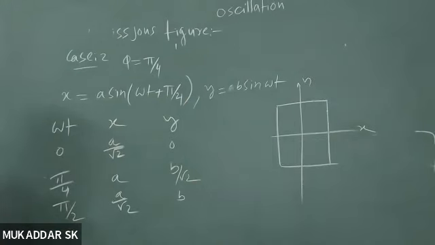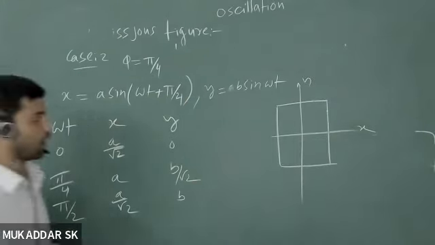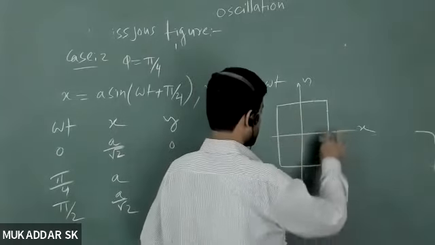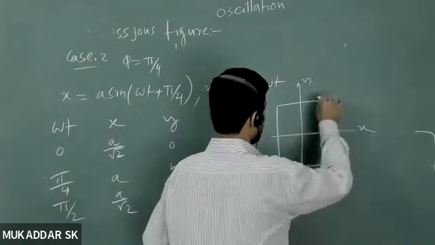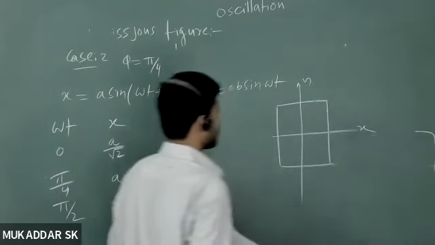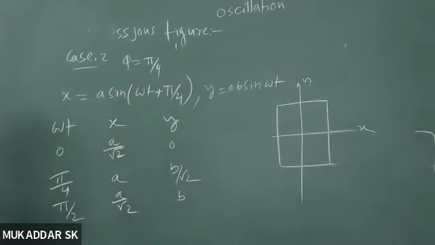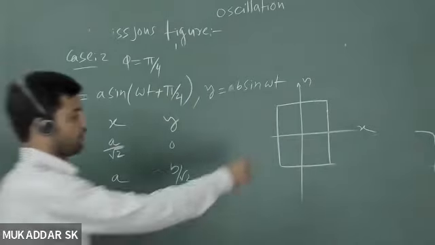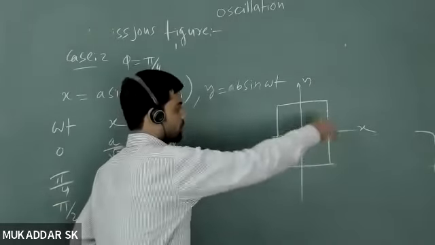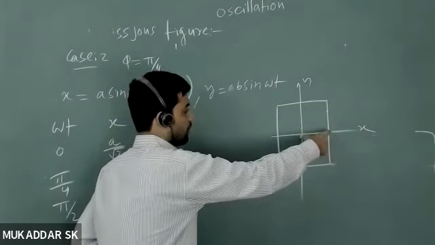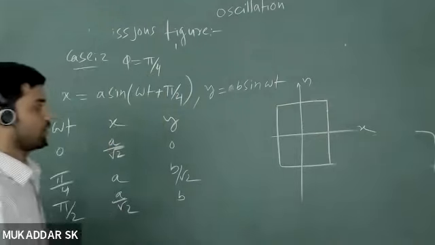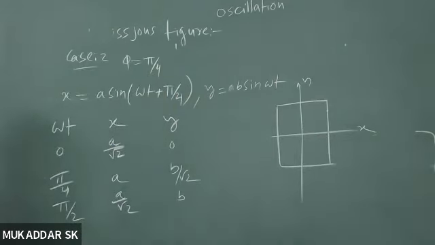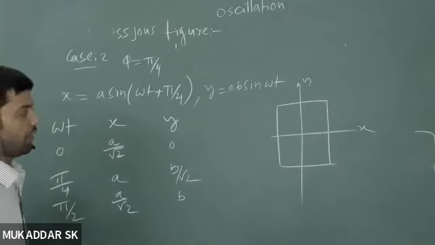So why are we drawing this box? Yes, this box. Because the particle is in periodic motion, that's why we are drawing this. The length of this box, that is the amplitude, within this amplitude or within this area the motion of the particle will be confined.